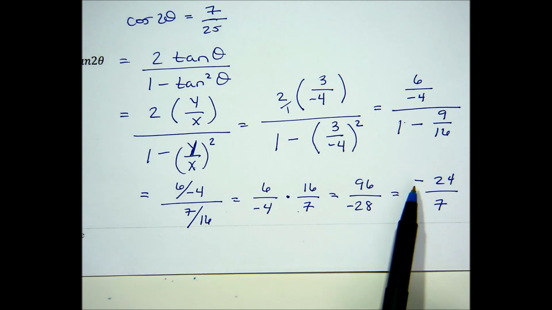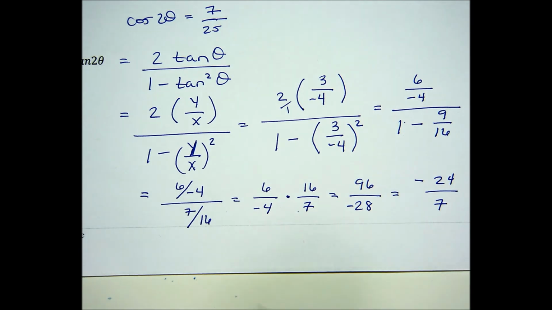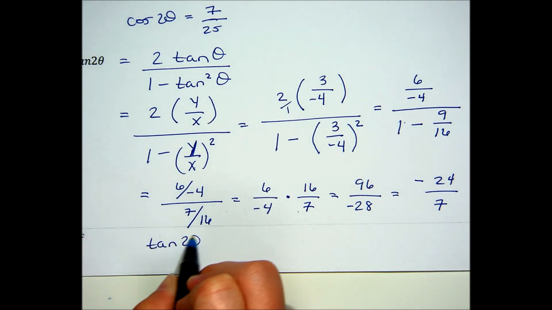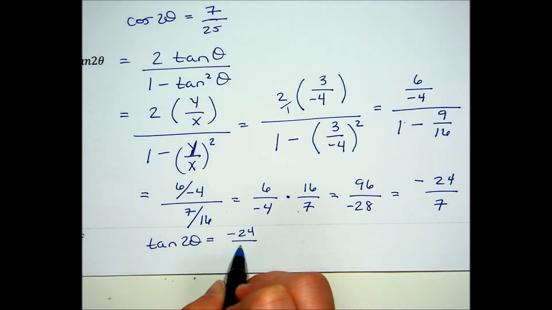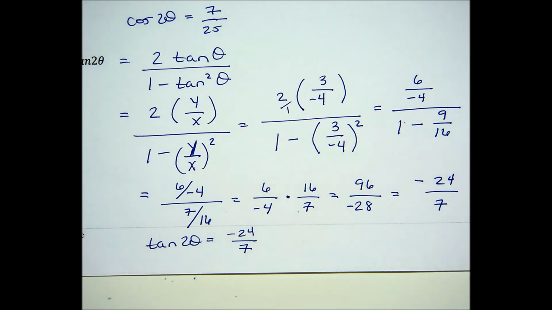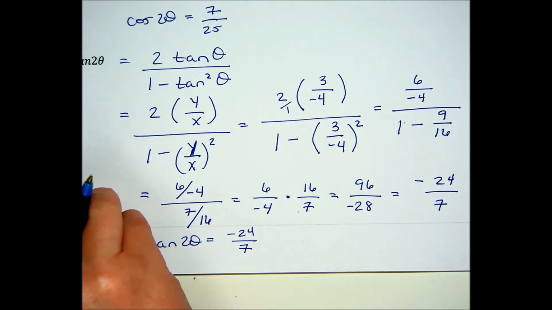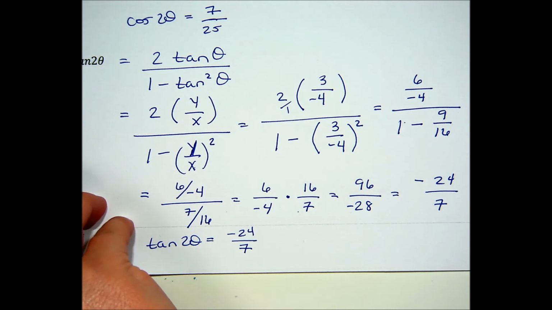When you answer, always bring that negative to the top. So that means that tangent of 2 theta is equal to negative 24/7. Okay, very good.